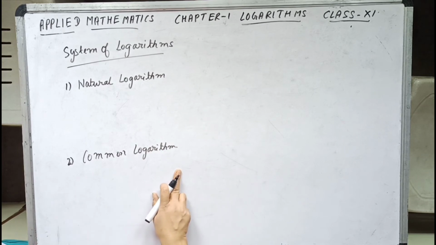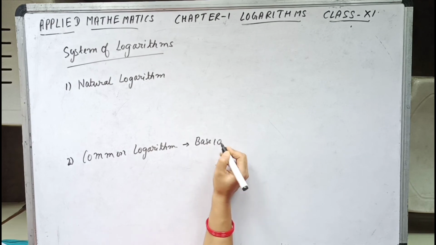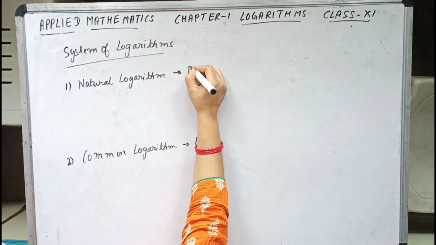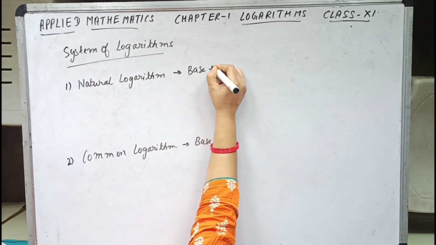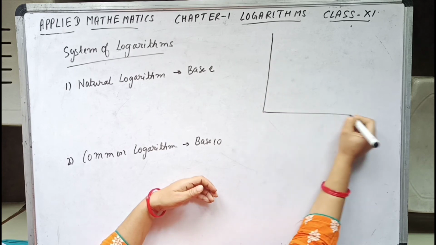Whenever it is common logarithm, base is 10. Whenever it is natural logarithm, base is e. Now what is e? Let us first know what is e.